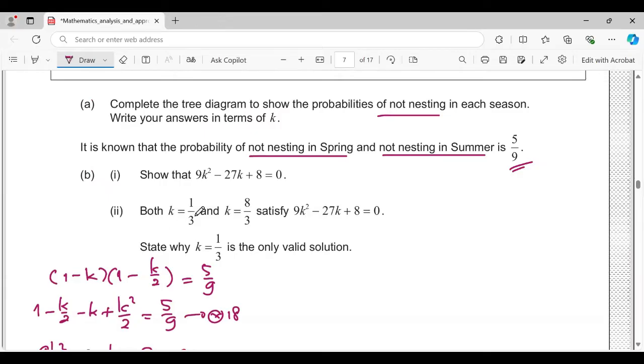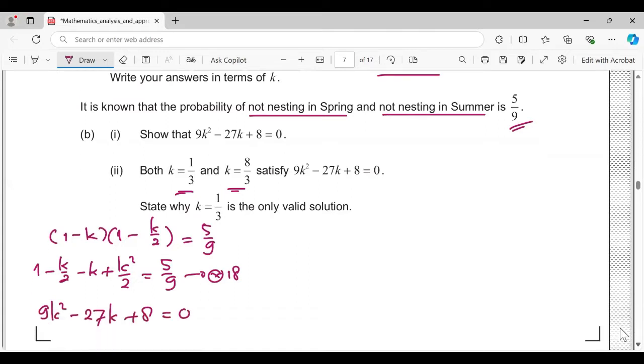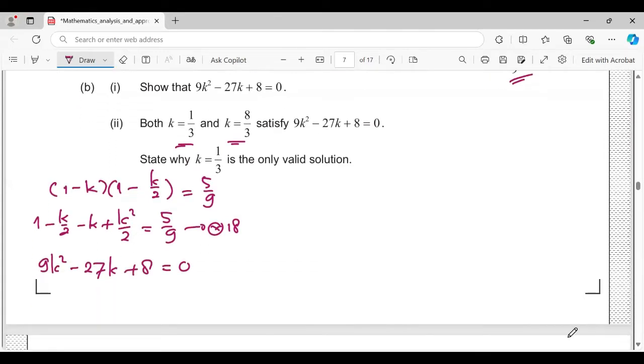Both k equals 1 over 3 and k equals 8 over 3 satisfy 9k squared minus 27k plus 8 equals 0. State why k equals 1 over 3 is the only valid solution.